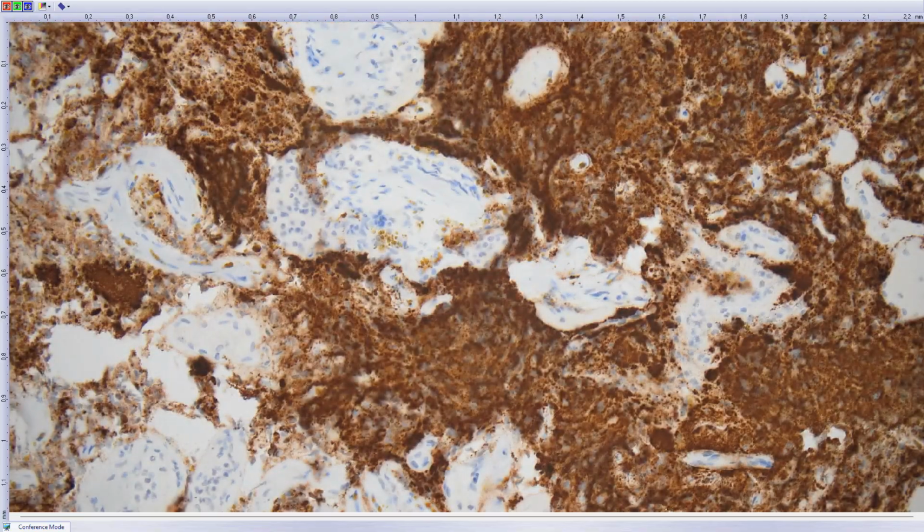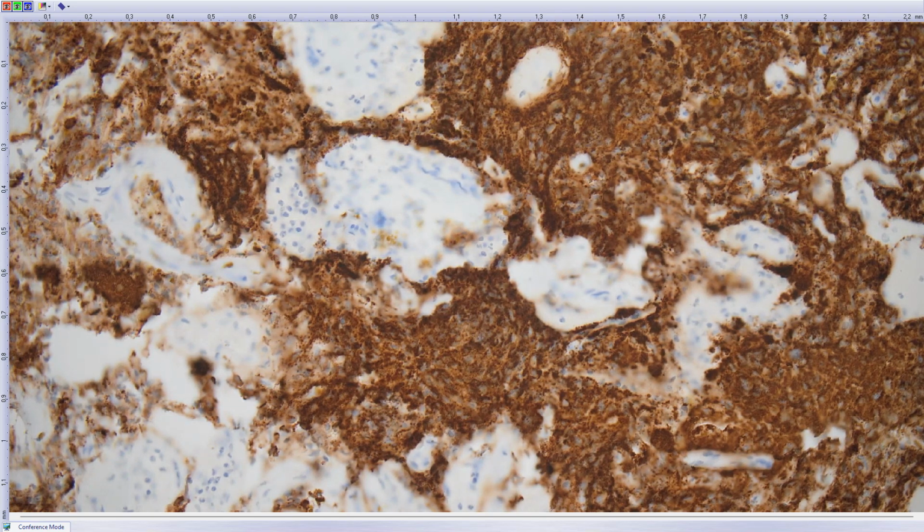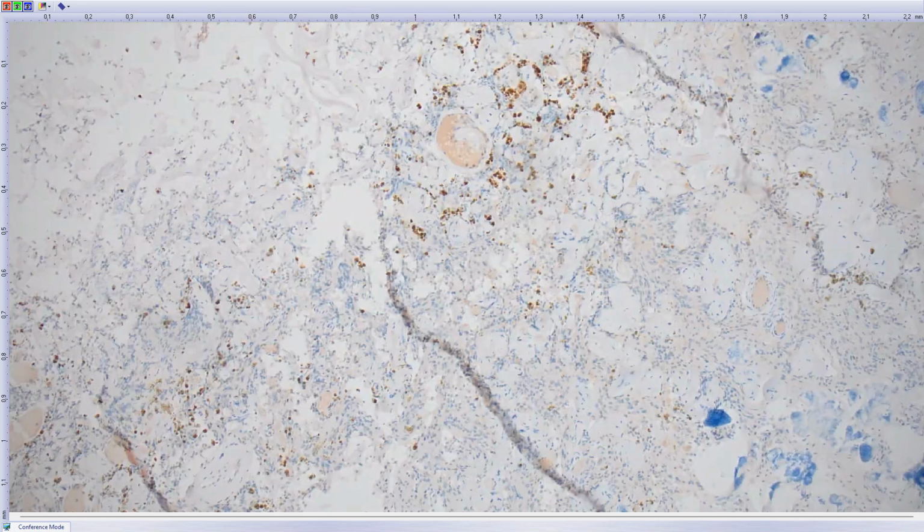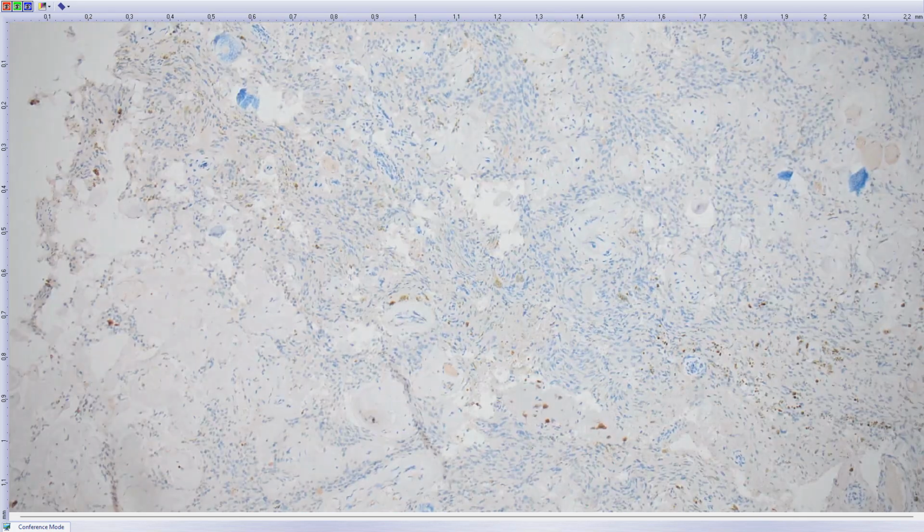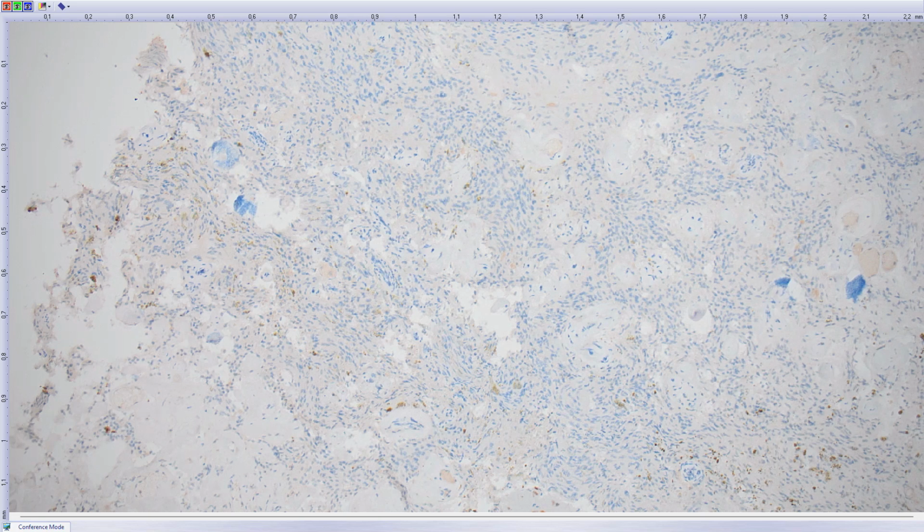So again, it's not very specific. And importantly, again, the NeuN antibody was negative, because if it would be positive, it would be a great clue to the diagnosis, but unfortunately it was negative. So based on histomorphology and immunophenotype, I had no clue.